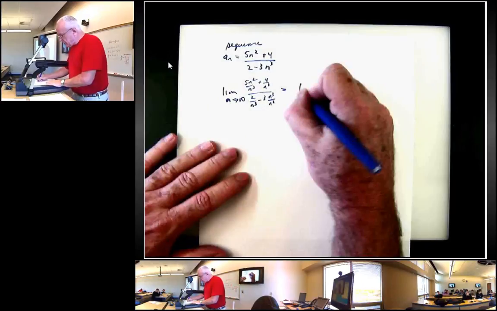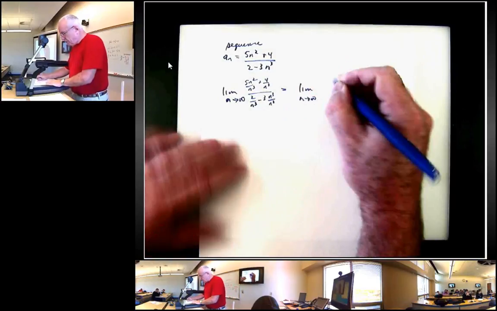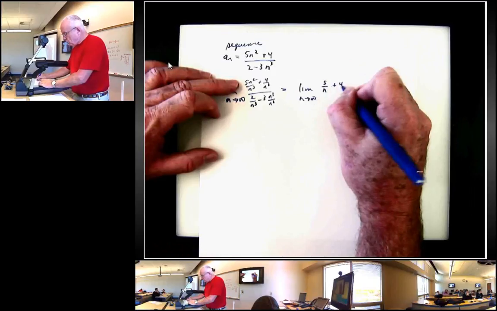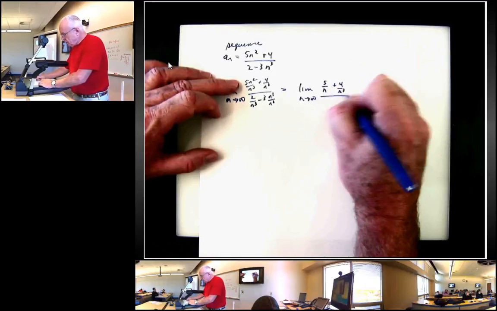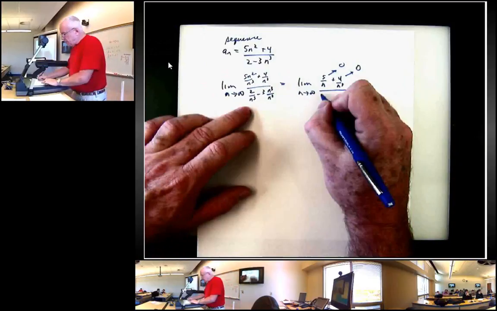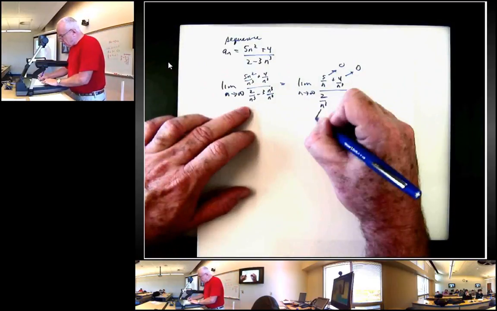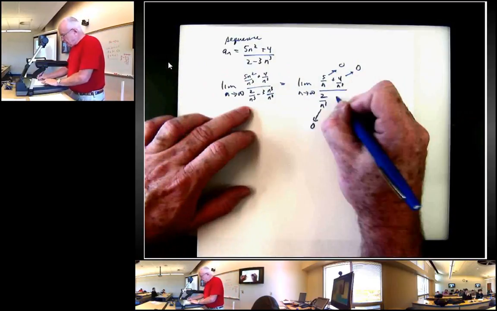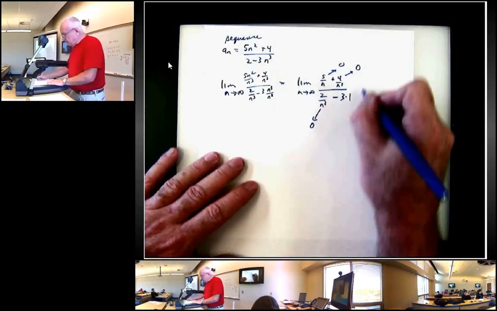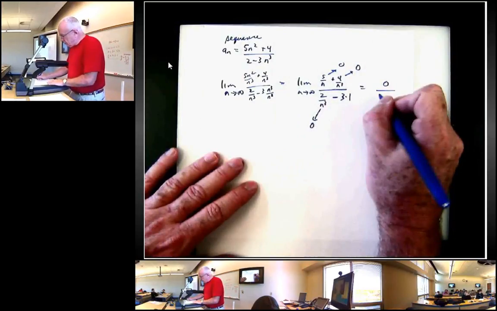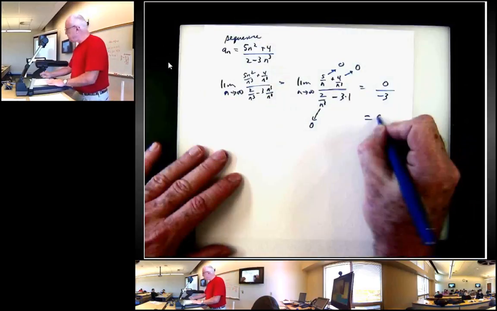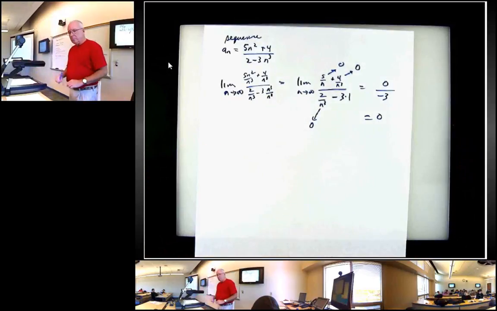So basically this becomes the limit as n goes to infinity of 5 over n plus 4 over n to the third. Those are both going to go to 0 as n keeps getting bigger. The bottom, we have 2 over n to the third, which goes to 0, and the other one is minus 3 times 1, so that goes to minus 3. So basically it's 0 over negative 3, which is 0. And that would be our limit. Okay?